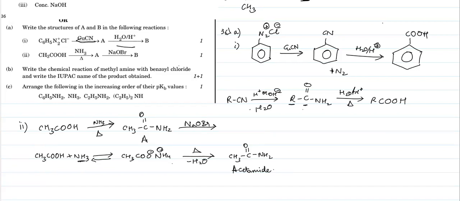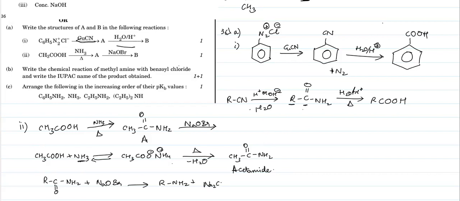So in the Hoffmann bromamide degradation, what is happening is you have an amide, RCONH2. This molecule on reaction with NaOBr is going to give us RNH2 plus Na2CO3.